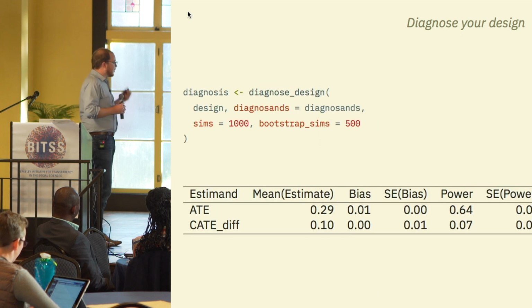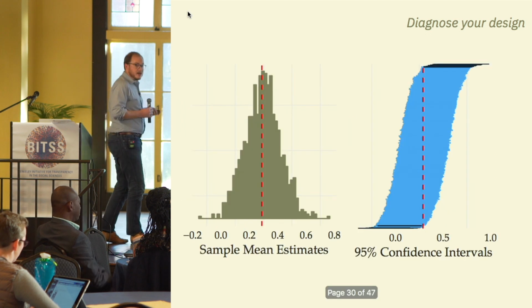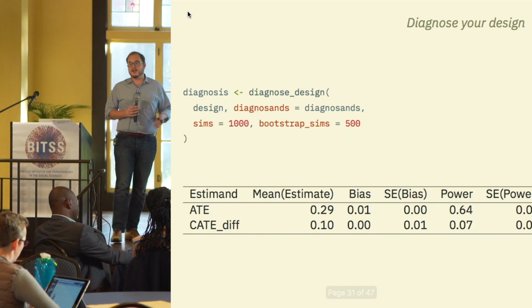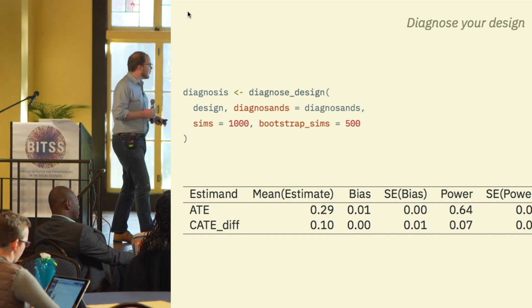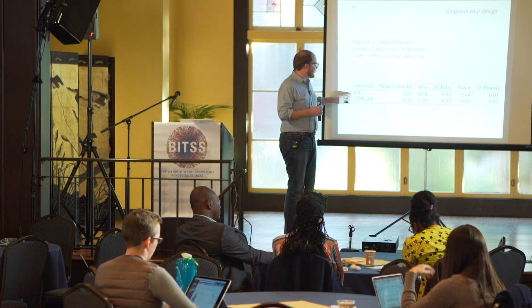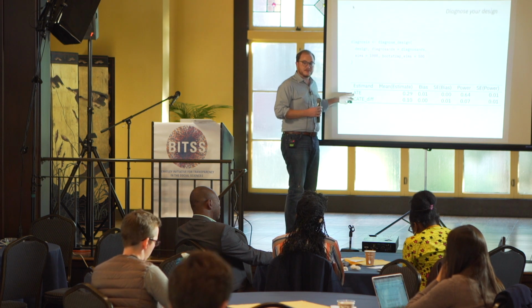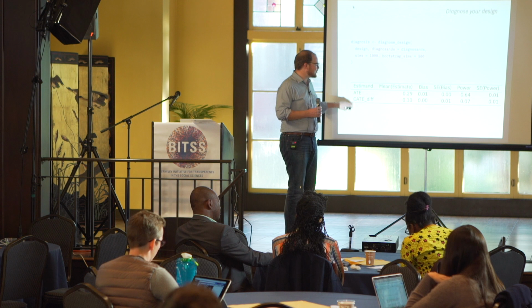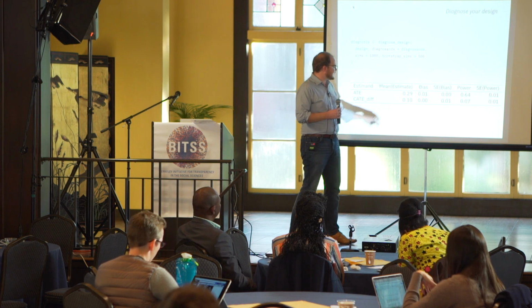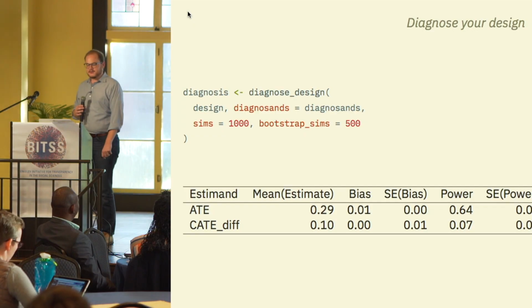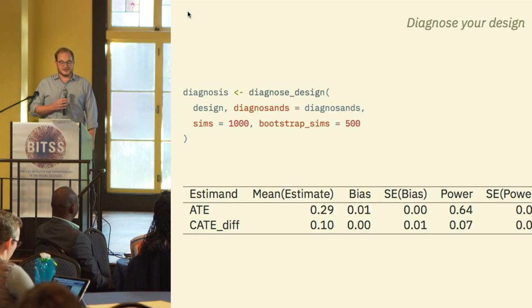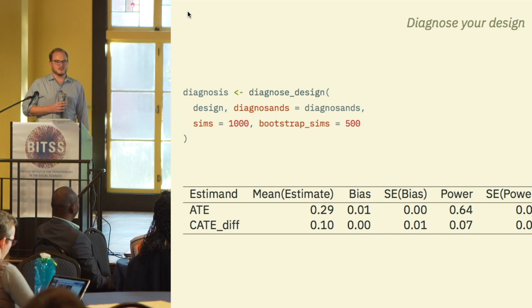Okay, so then we get to the part that we were really looking for, which was these diagnosands. And so it takes those repeated runs of your design and then calculates these diagnosands that you've defined, or the ones that we give you by default. And so for these two different inquiries that we have about the average treatment effect and the difference in the conditional average treatment effect, we see that the mean average treatment effect is 0.29, and the difference in the conditional average treatment effects is 0.1 as we set it up.